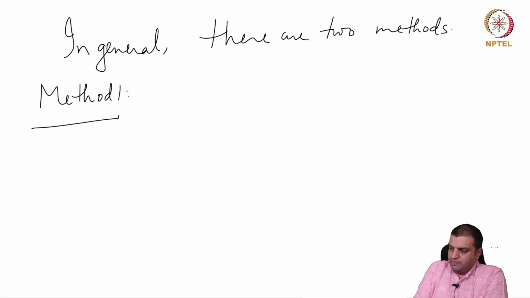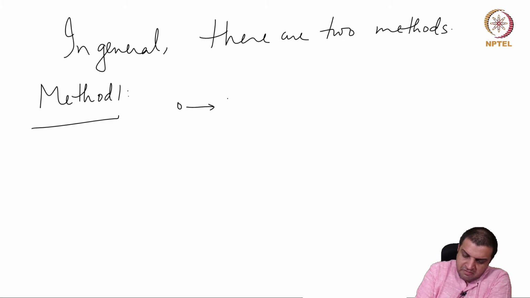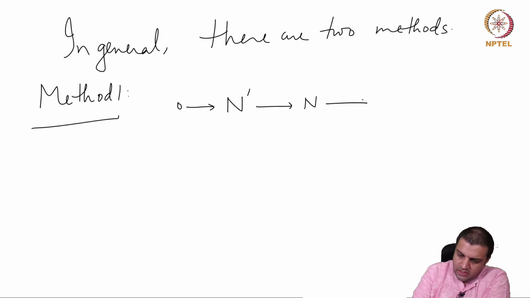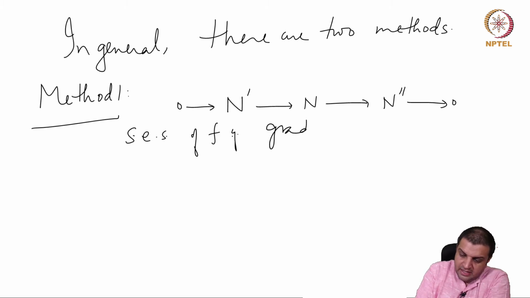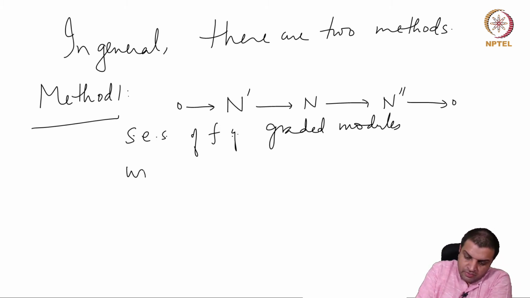Suppose we have, similarly, 0 to N' to N to N'' to 0, a short exact sequence of finitely generated graded modules over the polynomial ring with degree preserving maps.